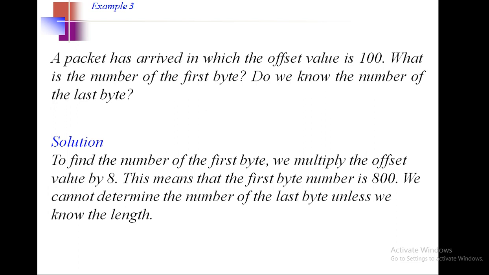To find the offset we divide by 8, so if you multiply by 8, we get the first byte. We cannot determine the number of the last byte unless we know the length. If we know the length, it can be added. For example, if the length is 200, then 800 plus 200 is 1000, but the length is not given, so we cannot determine the last byte.